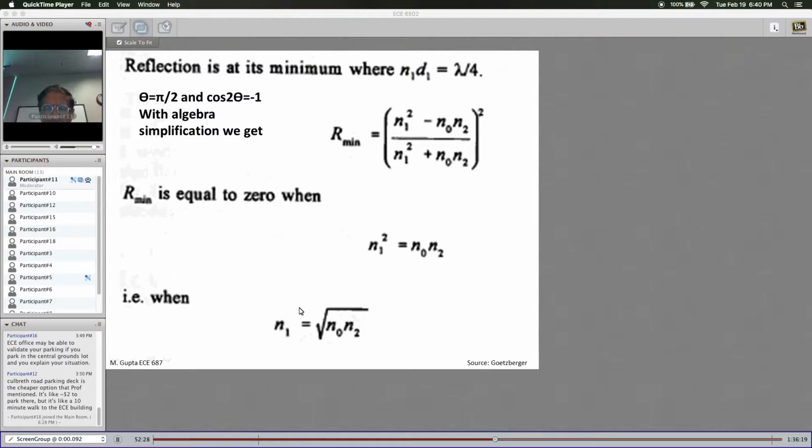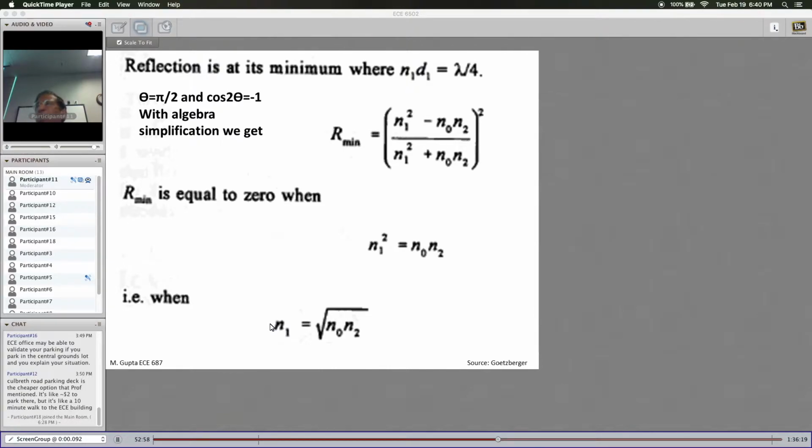So in our case, N0, if it is air, will be 1, and N2 will be the index of silicon. So if the index of silicon is 4 and air is 1, that means N1 is about 2. So in order to get the anti-reflection condition, the film material should have an index of about 2.0.